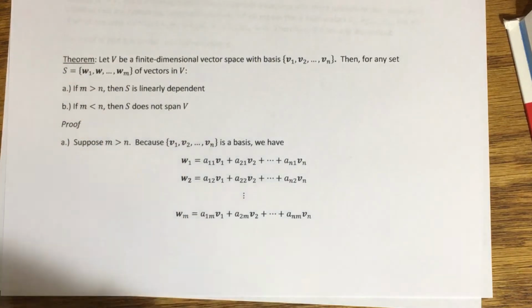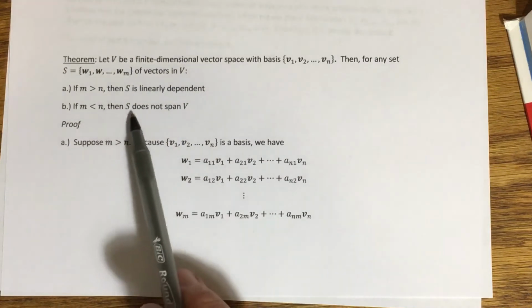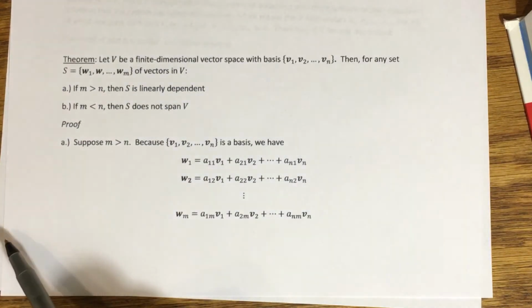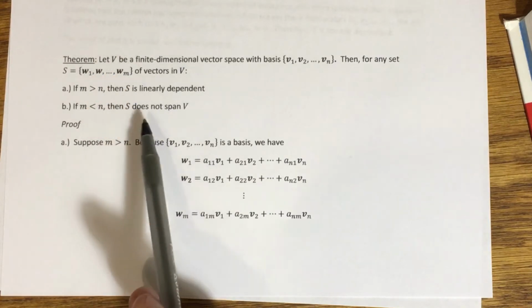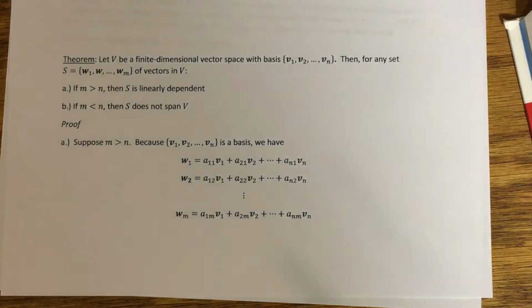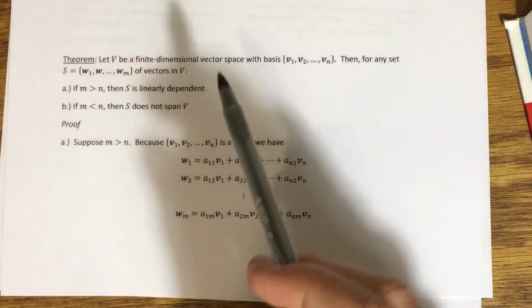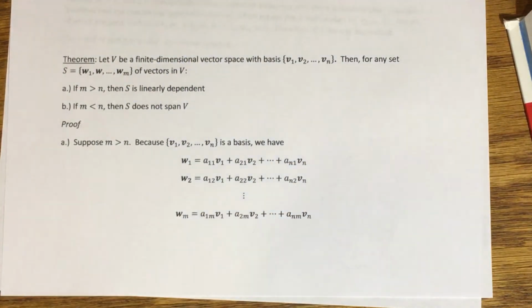Now we're going to prove part A of this. Part B follows a similar thought process, so I'll just talk a little bit about it without proving it. But I want to point out what this means, and I'll mention it again in section 4.6. These two conditions need to be in place if a set is going to be a basis for a vector space.